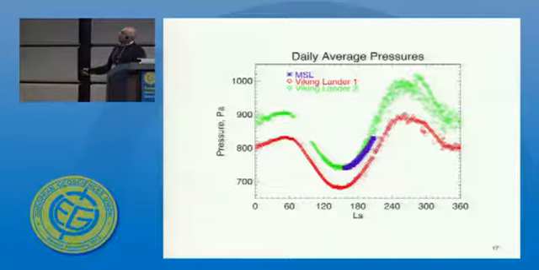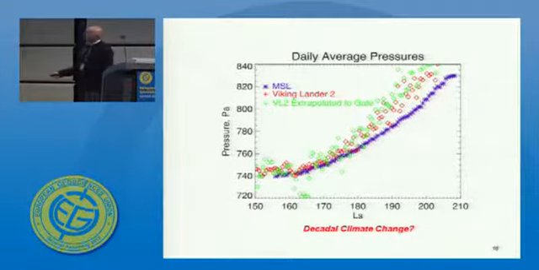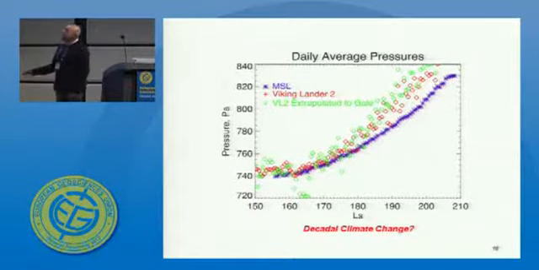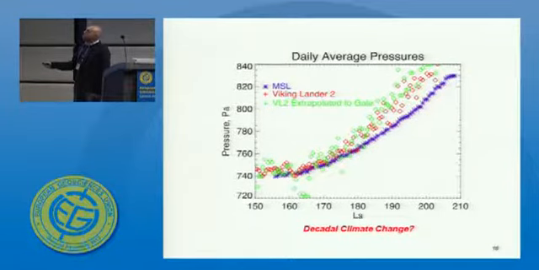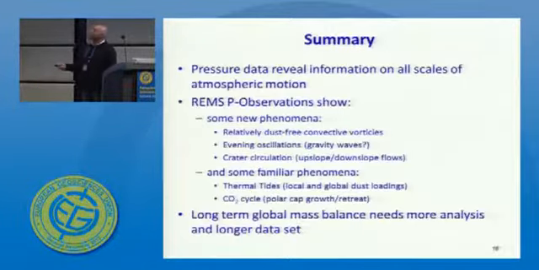There is a better agreement with Lander 2, but when we extrapolate the data to the Gale pressure and conditions, it looks like what Bob's calling a decadal climate change. We don't know. It's like a decrease in the pressure, and well, we are in different seasons too. So this is under investigation too.